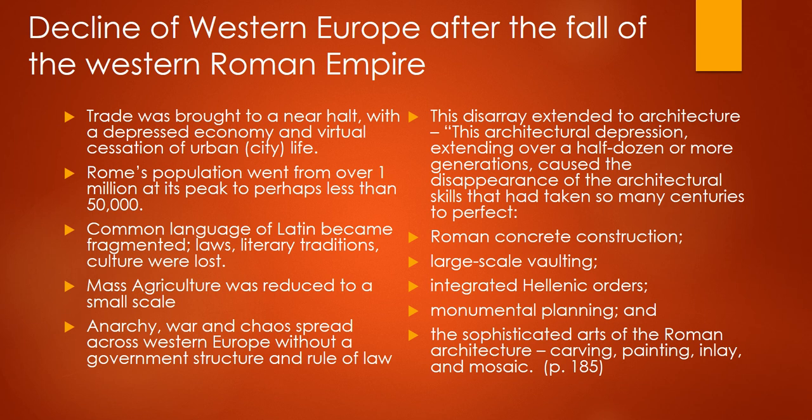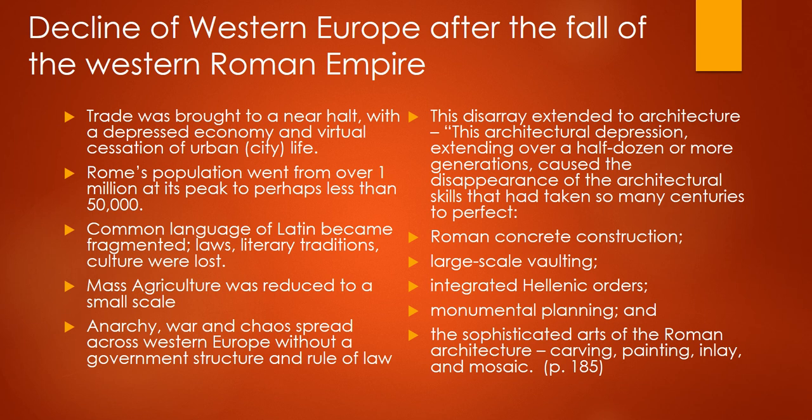You're basically growing whatever you can. There's a spread of anarchy and war that occurs across Western Europe. Okay, since there's no rule of law, there's no overarching government that's taking care of things. It becomes a free-for-all.